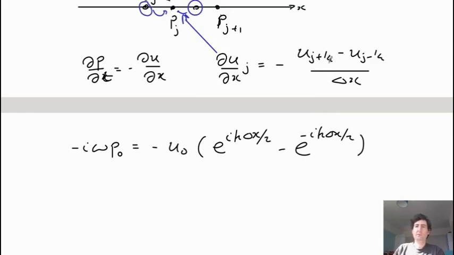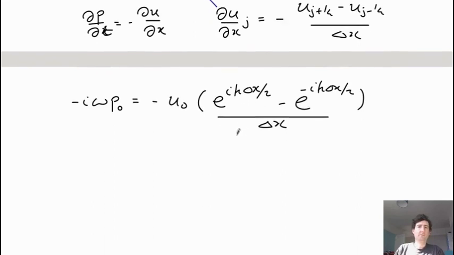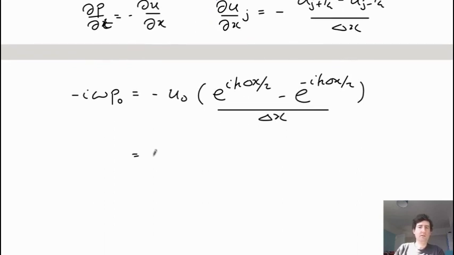So instead of being plus 1 and minus 1, it's now plus a half and minus a half, the whole thing just divided by delta x. And so as before, these just give minus u naught, and this becomes a 2 times sine, so 2 over 2i times sine of k delta x over 2. And this is minus i omega p naught.